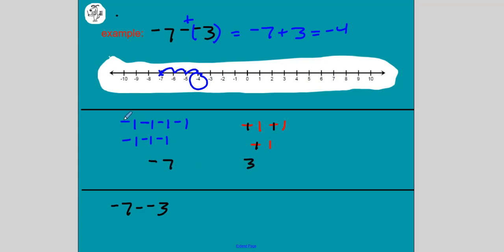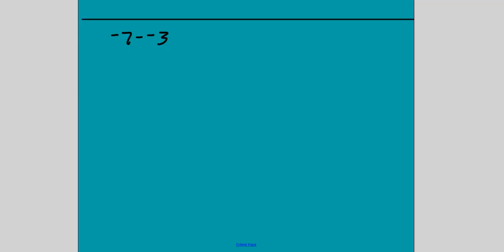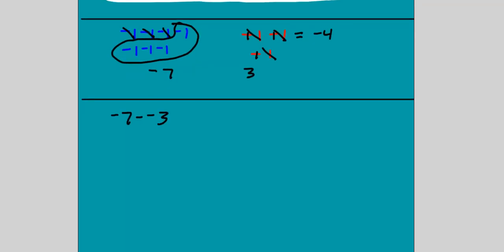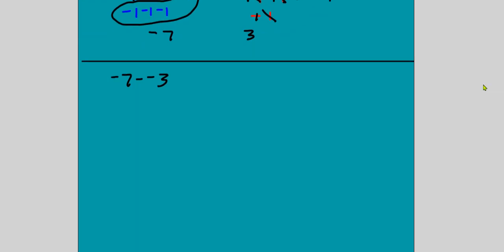So notice the positive ones cancel out the negative ones. So I'm left with 4 negatives right here. That's not a very efficient way of adding, but maybe it helps you see what's going on. Positives and negatives cancel each other out when you're adding.